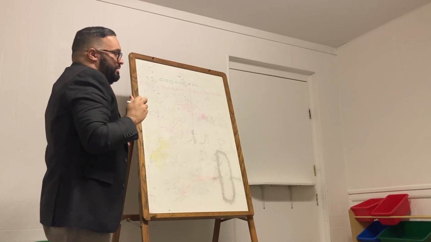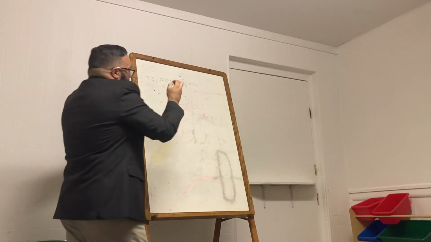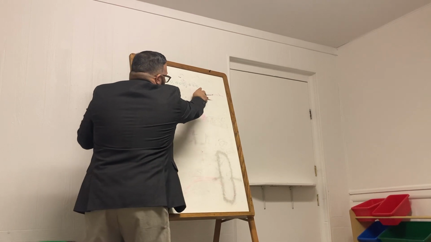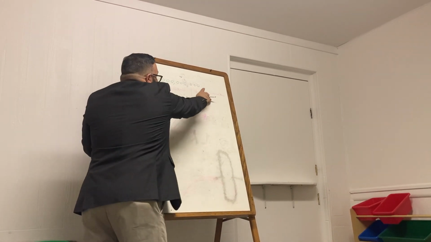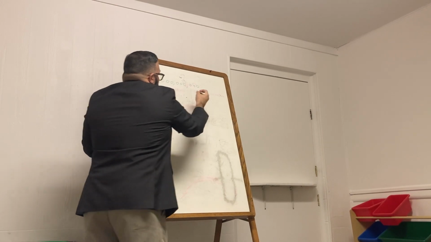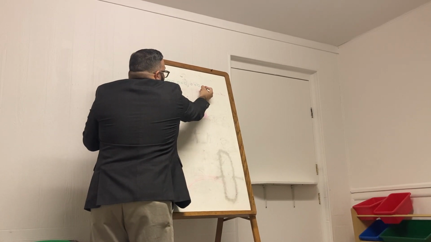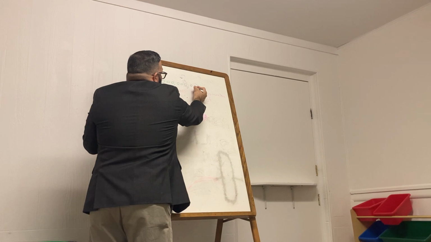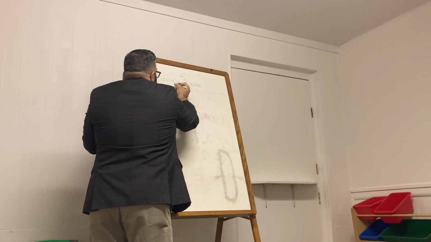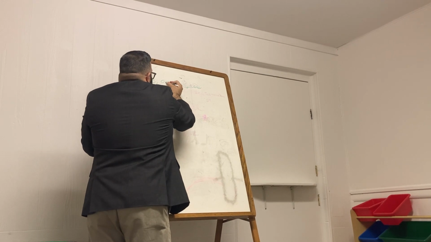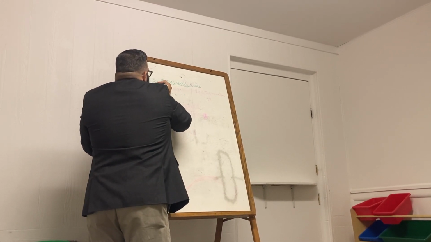All right? So now we know that the decimal point is right here, and the goal is to move the decimal point to here. So we're going to count 1, 2, 3, 4, 5, 6, 7, 8, 9, and 10.